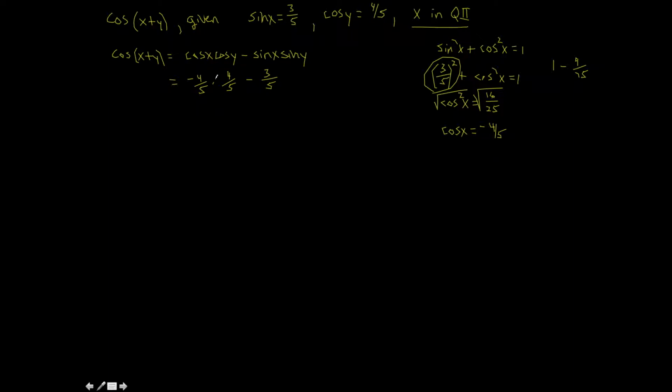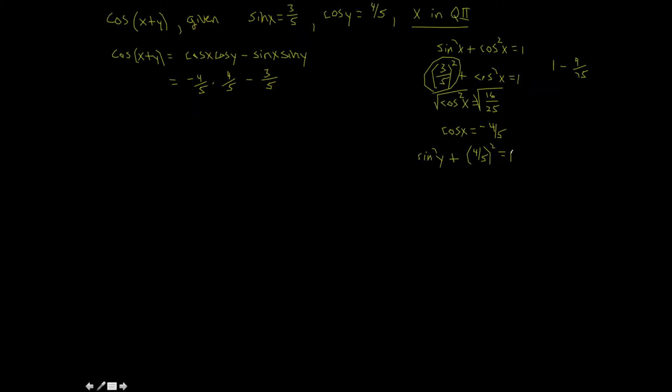Now, we can do the same process again and find sine y. We know cosine y, so sine squared y plus cosine squared y, and cosine squared y would be 4/5, equals 1.